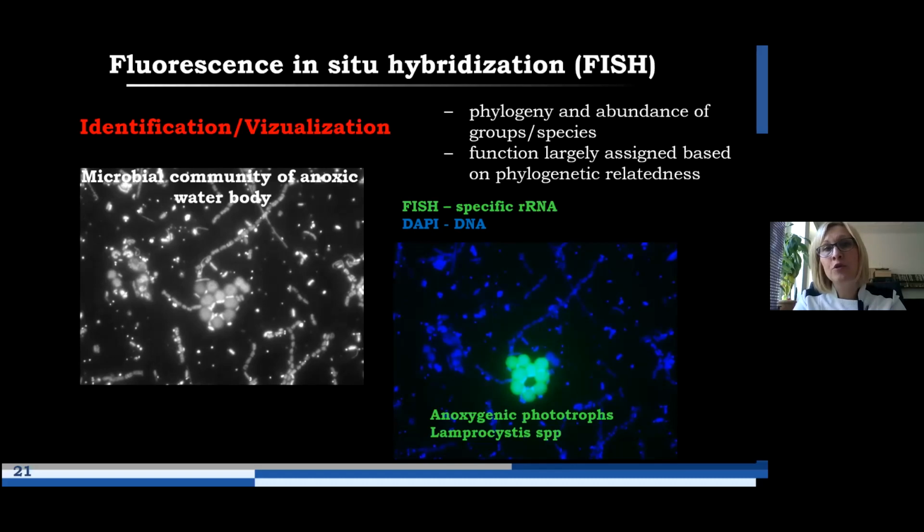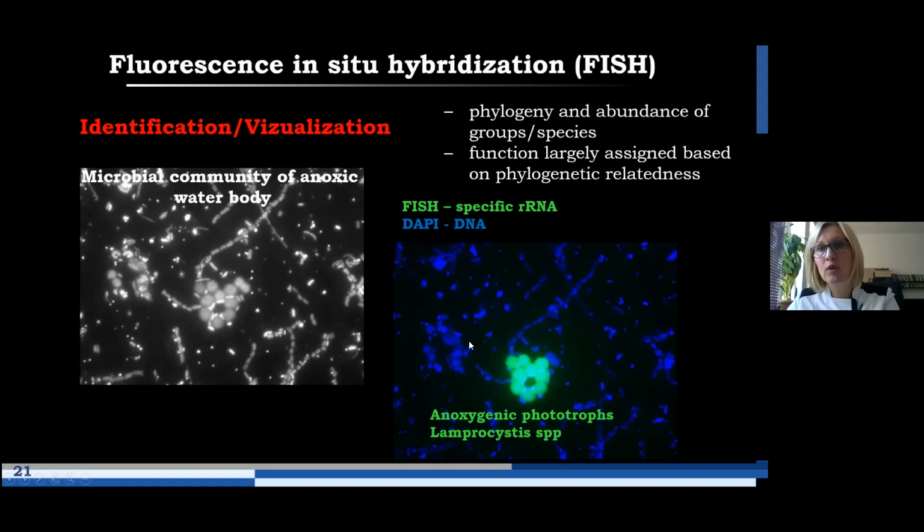In order to focus on a certain group, you would apply a FISH probe, which is specific for that group. In this case, it was Lamprocystis, these clustering cells of anoxygenic phototrophs, and you can particularly distinguish them, mark them, and then go further with the nanoSIMS analysis, focusing on this group of microbes if you are interested in their activity with respect to uptake of a certain substrate.